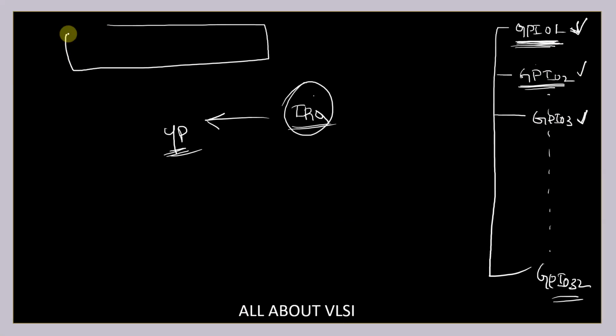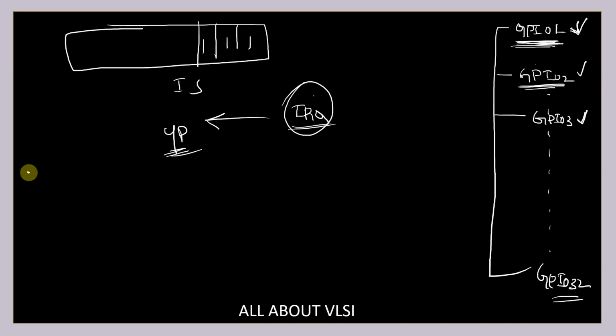In the interrupt status register, the first bit, second bit, and third bit will be made 1. These bits will not be made 0 even if the interrupts are removed. I'm repeating my point again.